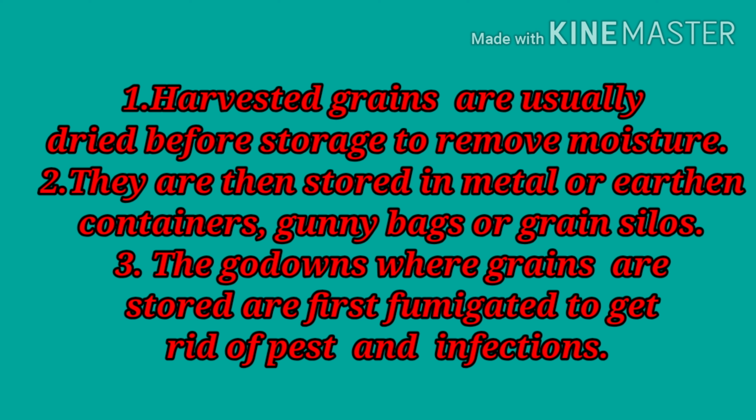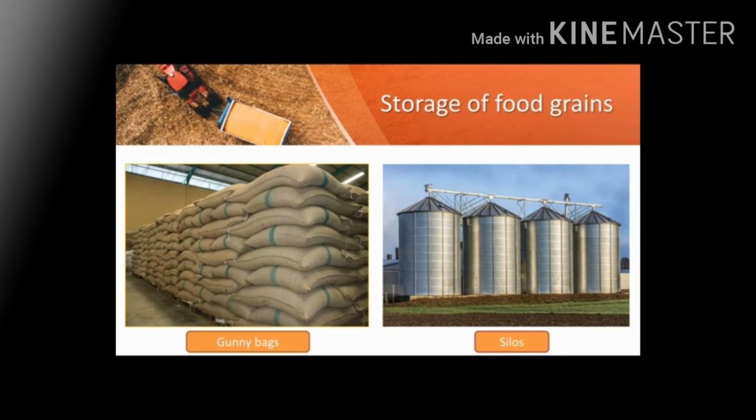Next, they are stored in metal or earthen containers, either in gunny bags or grain silos. And one more important thing, when food grains are stored in a godown, before storing they are first fumigated to get rid of pests and infection.